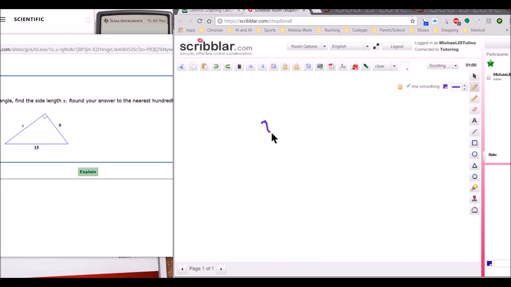So we end up with x squared plus 9 squared equals 15 squared. Okay, so x squared, and now 9 squared is 81. 15 squared is 225. Oh, that was a bad 225, sorry about that. And subtract, so we have x squared.